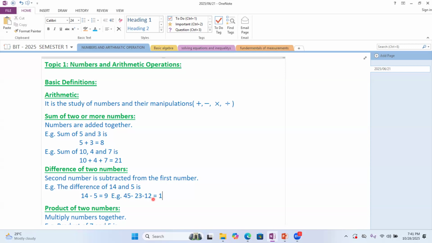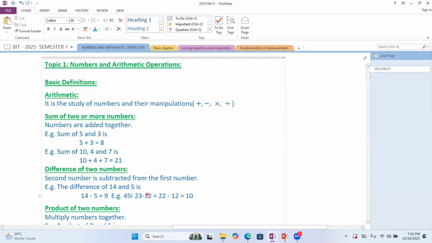Then we subtract the remaining number, that is 12. So we can further write 12 subtracted from 22, that is 10.